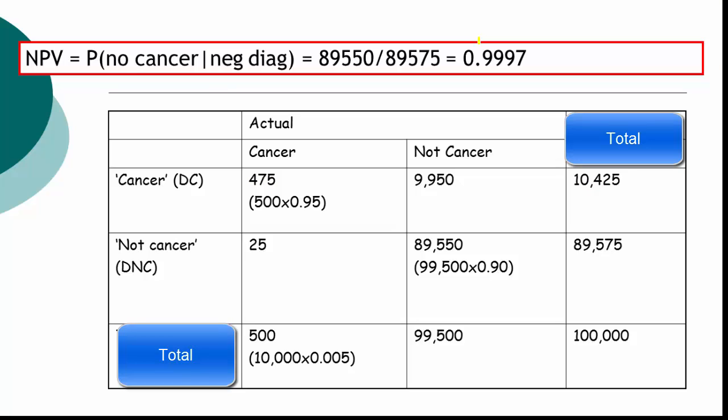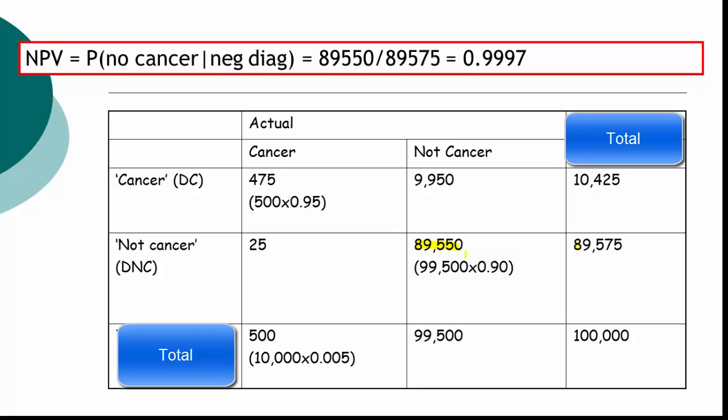And then the negative predictive value is saying what's the chances that you don't have cancer if you have a negative diagnosis. And using the same logic that we had before, this will give you what you have here. So we're looking at the number of people who have a negative diagnosis. The number of people with a negative diagnosis is this number over here somewhere.